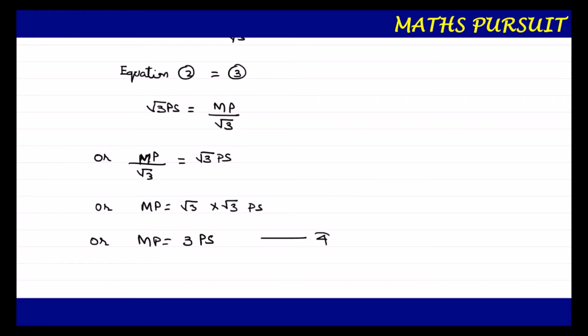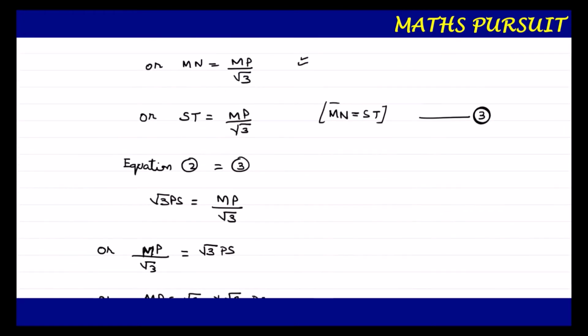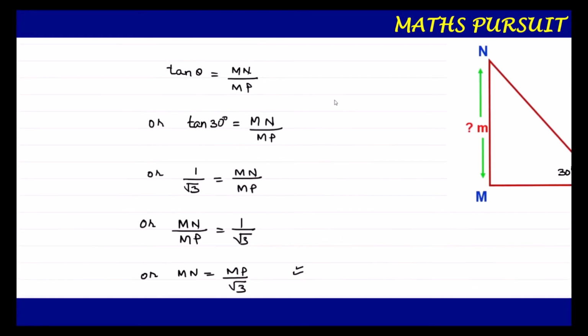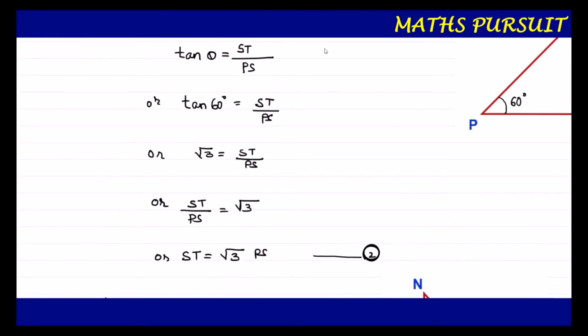You could see that we are getting so many equations here. So what we got? We got MP is equal to 3 PS. Now the time has come for us to remember our equation number 1. So let us quickly look into it.